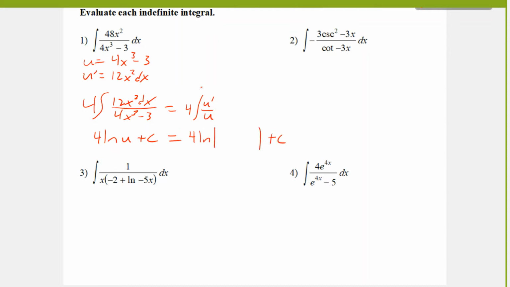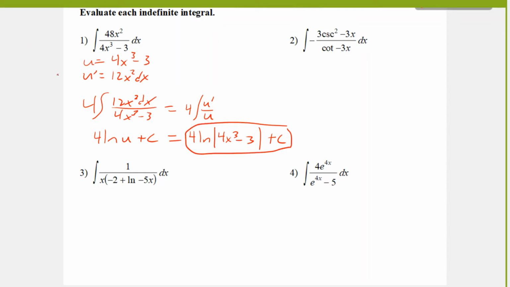What's our U right now? Oh, our U is 4x to the power of 3 minus 3. Okay, and that's it.